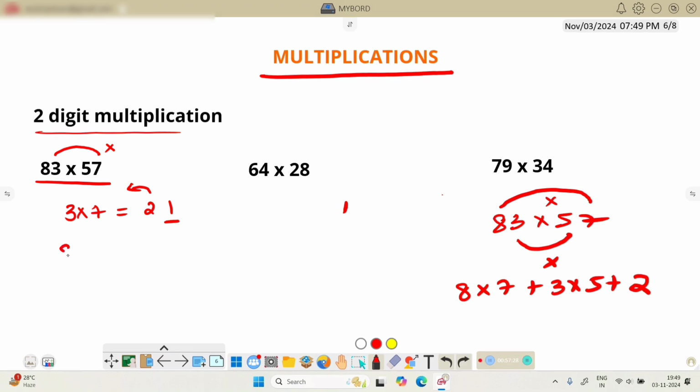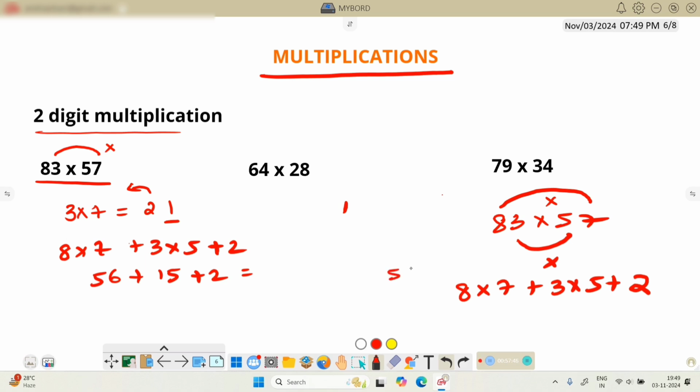Here I will write still more clearly. 8 into 7 plus 3 into 5 plus 2. So 7 8s are 56 plus 5 3s are 15 plus 2. Okay. So you just add these numbers. 56, 15 plus 2, 17, and next 12, 13. So 73 will come.